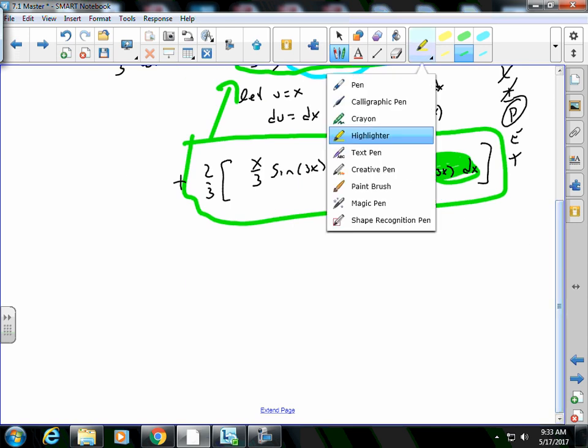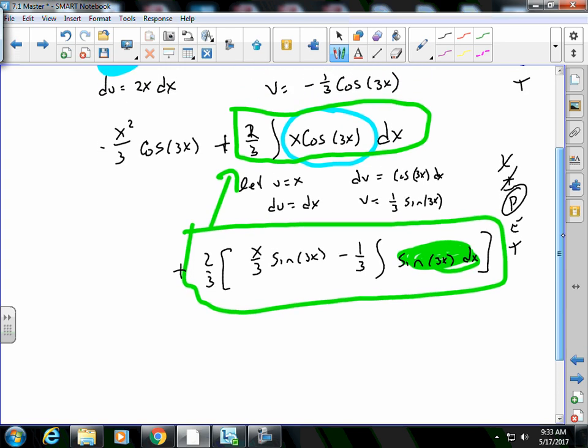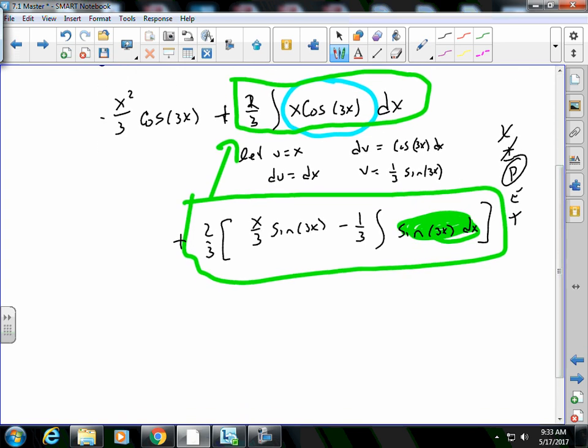This is one of these problems, it's a bookkeeping problem. You really should get highlighters, it helps. I have 2/3 times x over 3 sine 3x minus 1/3. When I integrate sine 3x, I have to have a third. I have a minus cosine 3x.